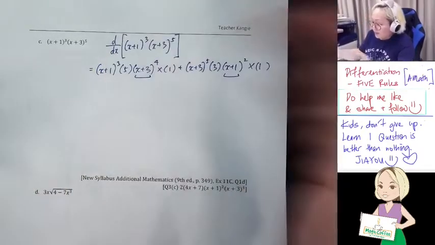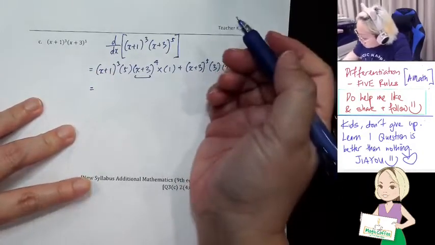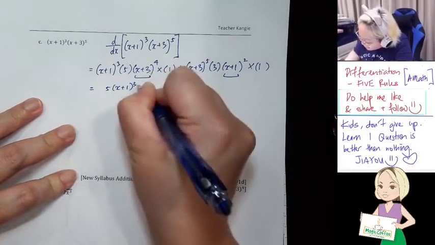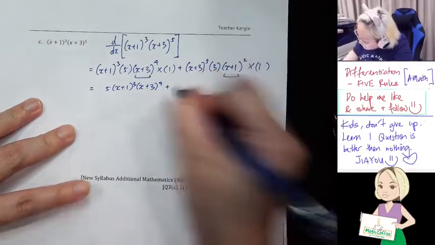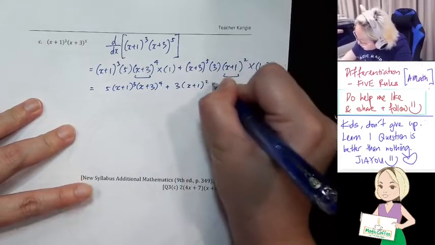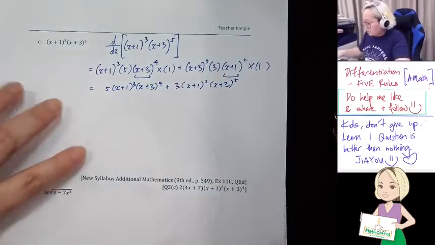Before I take out the common factor, let me just simplify it a bit. So I'm going to write 5 (x plus 1)^3 (x plus 3)^4 plus 3 (x plus 1)^2 (x plus 3)^5. So let's take out the common factor.